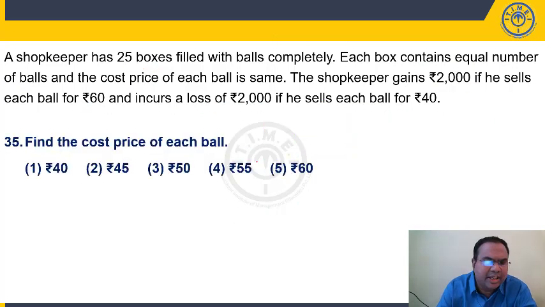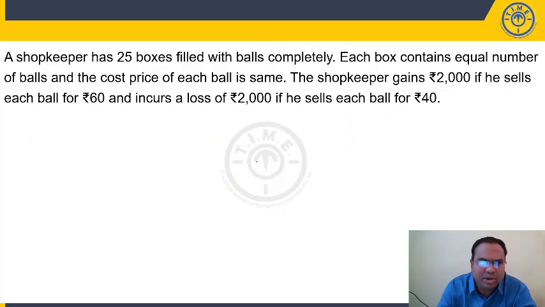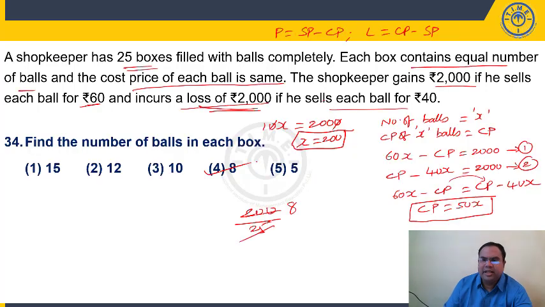Then question number 35. Find the cost price of each ball. Now see here, students, I'll tell you one point here. Cost price, what is CP? Cost price of X balls is equal to 50x. So obviously X will get cancelled. Cost price of each ball, don't get into calculation.